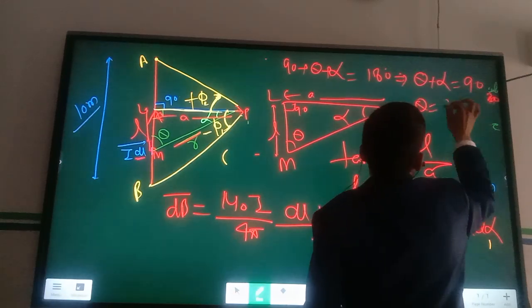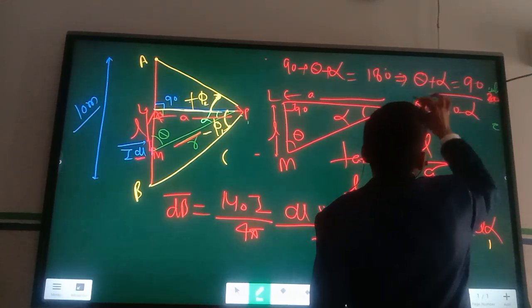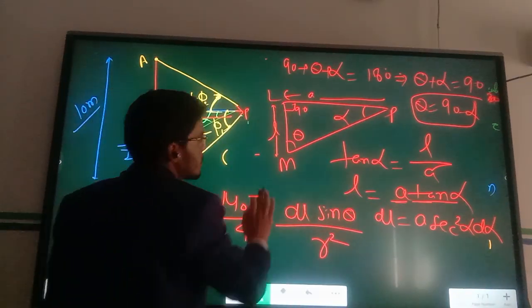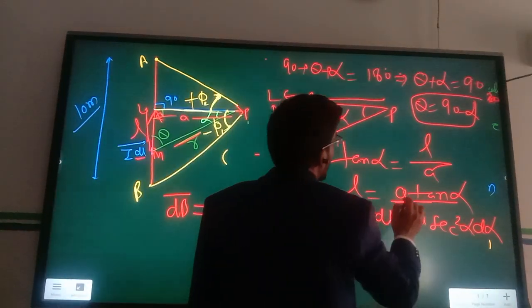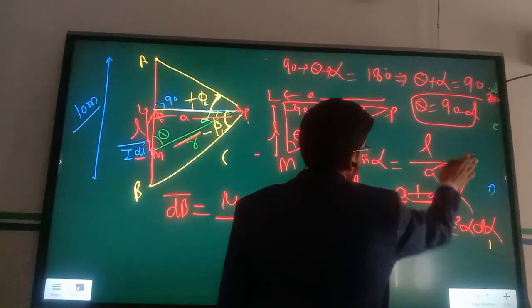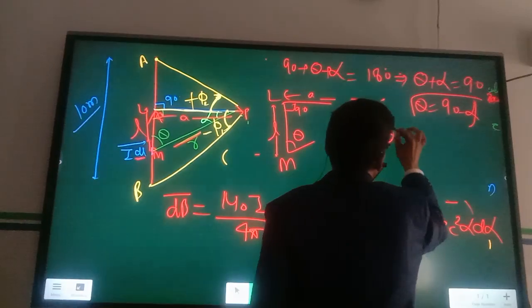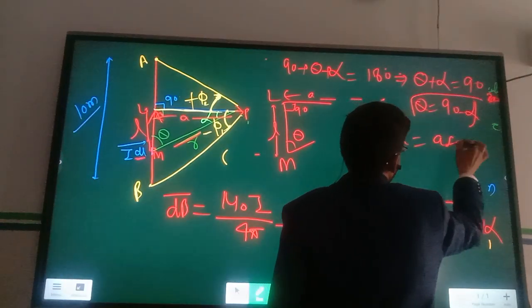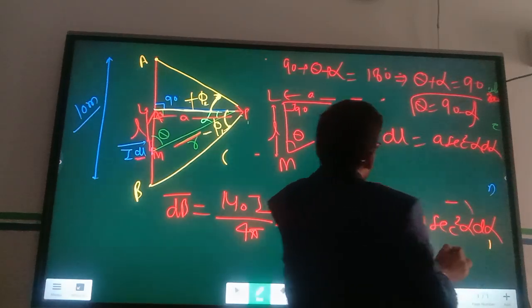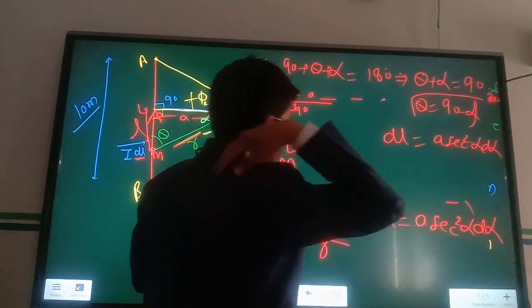So theta equals 90 minus alpha. So I have first, theta equals 90 minus alpha, and second, dl equals A sec square alpha d alpha.